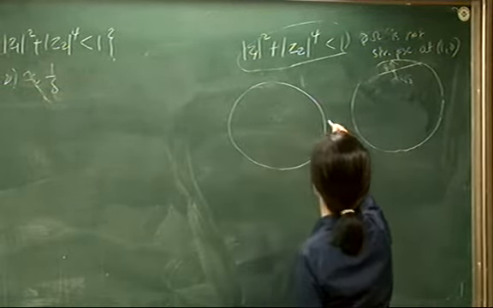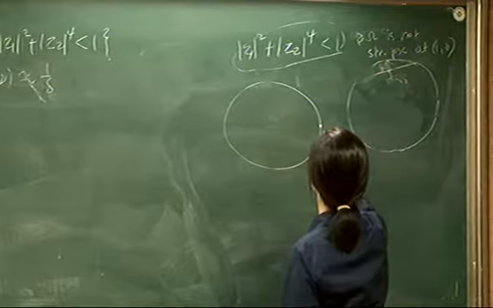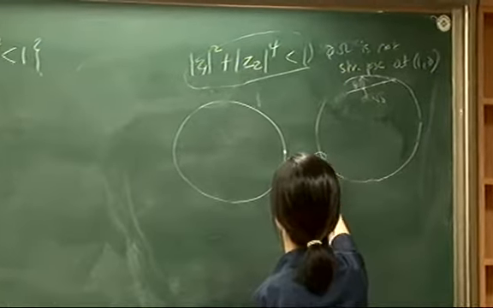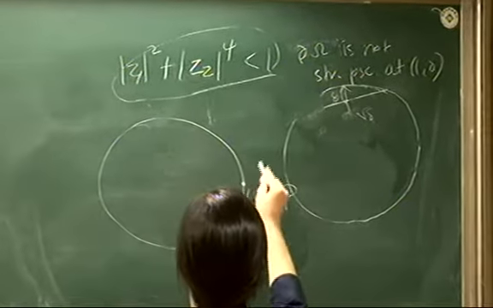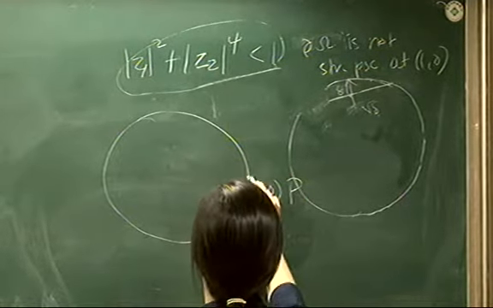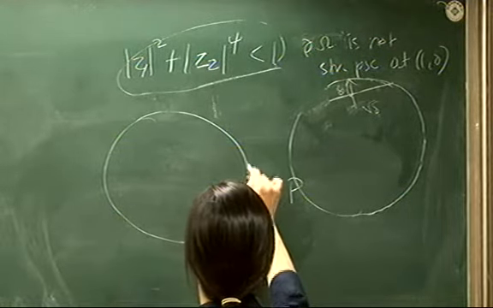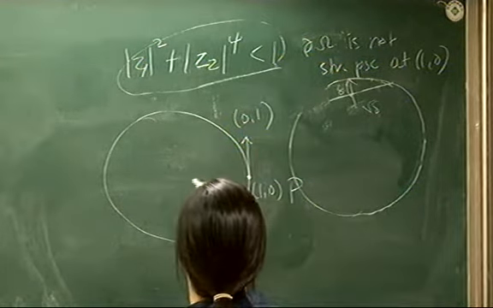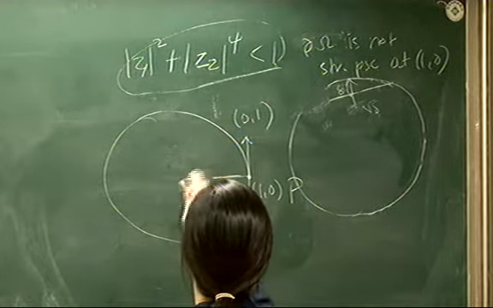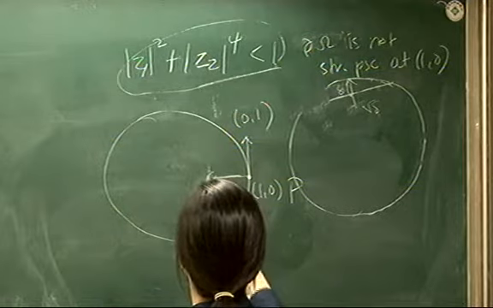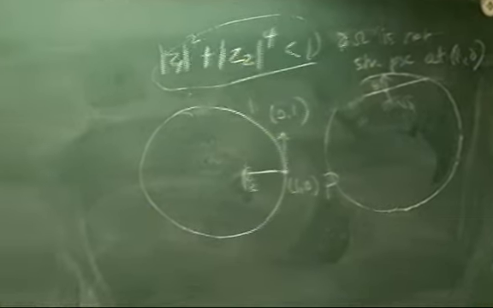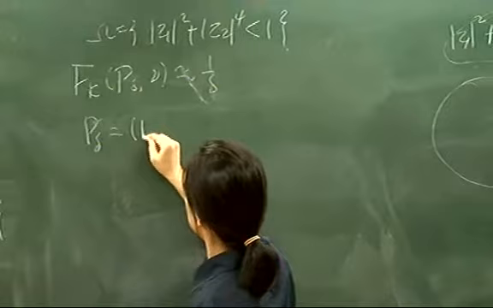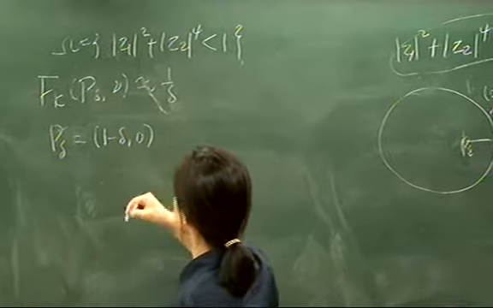So let's say this is the point 1, 0. Say this is your point. And say this is the z2 direction, 0, 1. And say this is 1. P delta is, say, 1 minus delta comma 0.